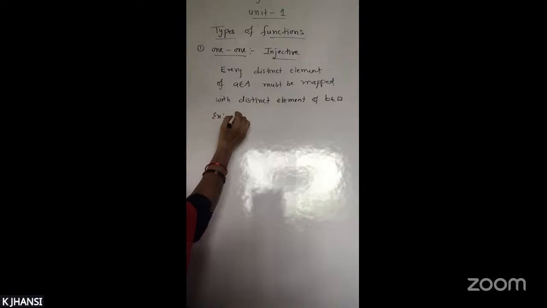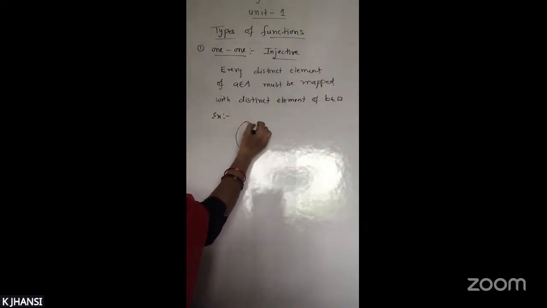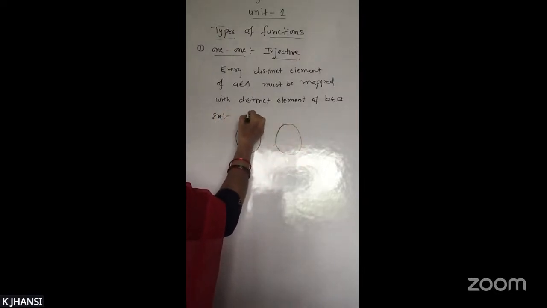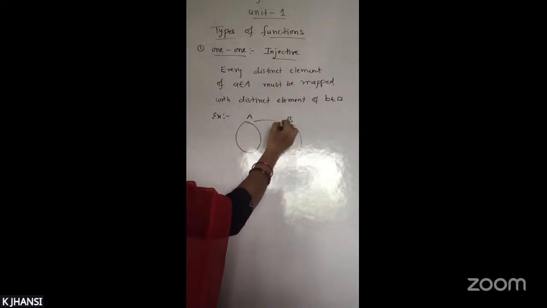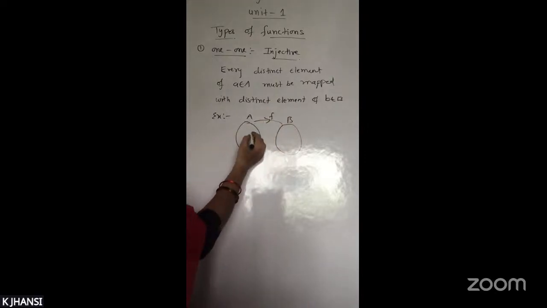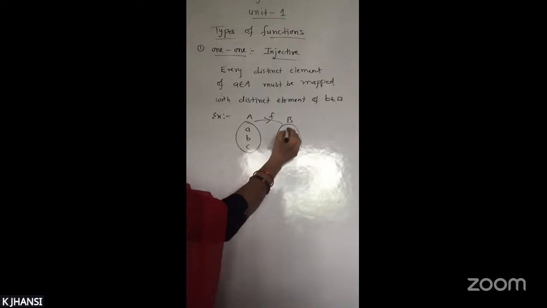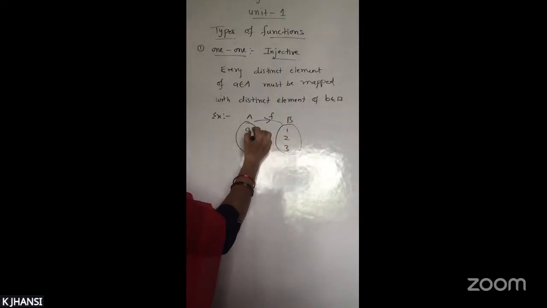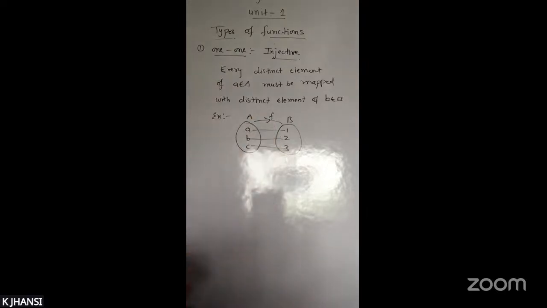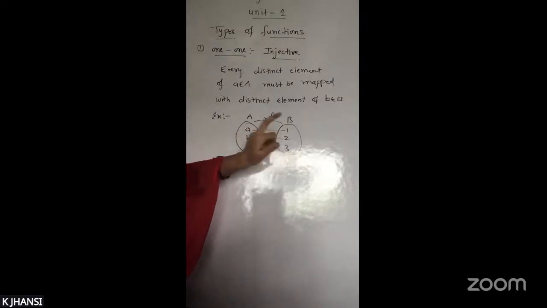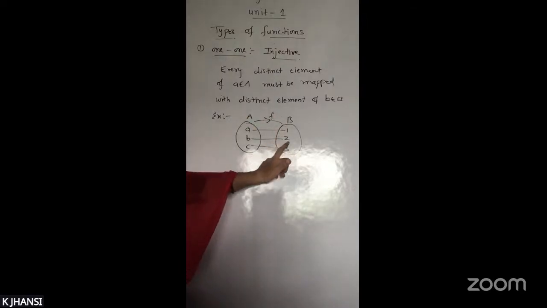We can take an example here. This is A, this is B, this is the mapping from A to B. If we have a, b, c and 1, 2, 3, a single element should have only one mapping. Then we call it a one-to-one function. Each distinct element should have a different mapping from set B.